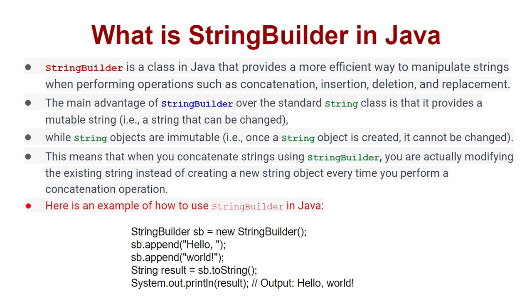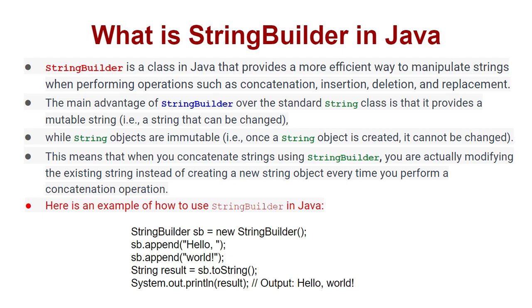If we talk about String, a String is immutable. Whenever you create a String object and try to change it, it will create a new object. It will not make changes in the existing object. That is called an immutable string.